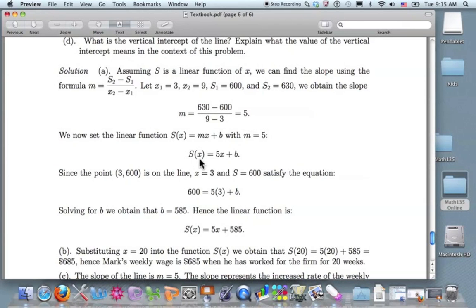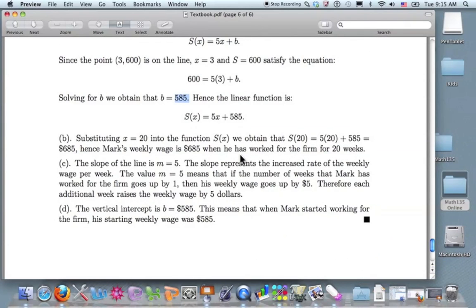So then we have s equals 5x plus b, and plugging in 3 and 600 and solving for b, we get b equals 585. So we have the equation, and using it we can find Mark's weekly wage by plugging in x equals 20. That will be his weekly wage when he has worked for the firm for 20 weeks.